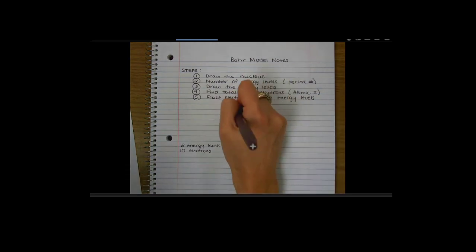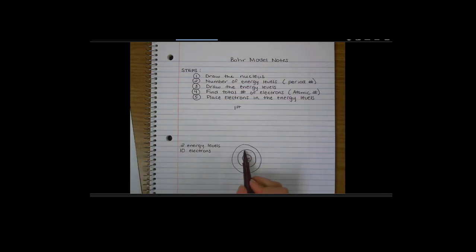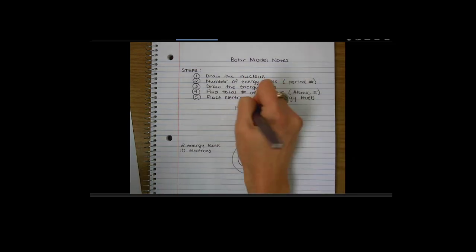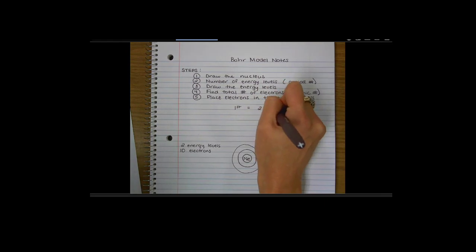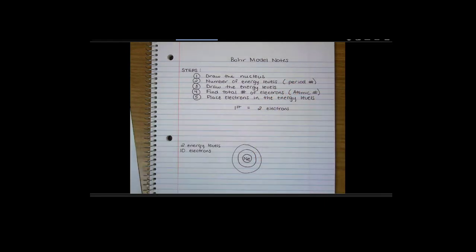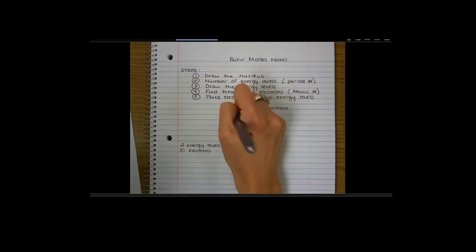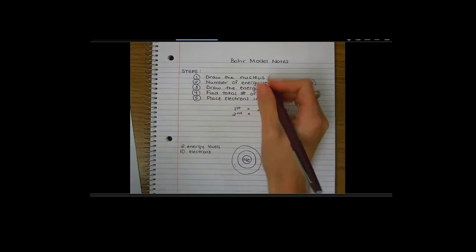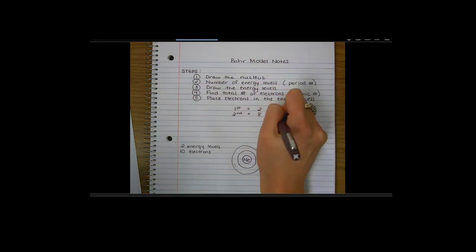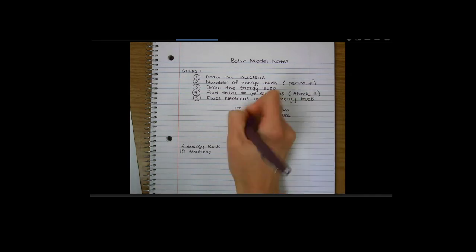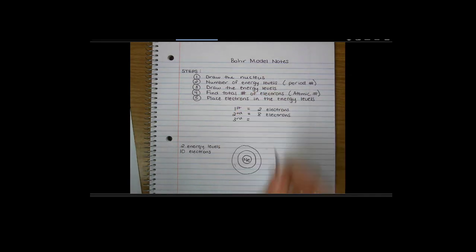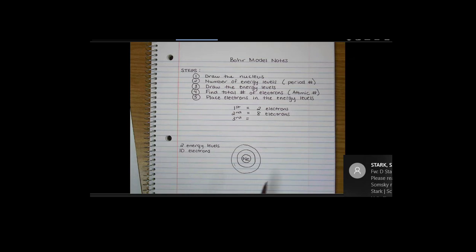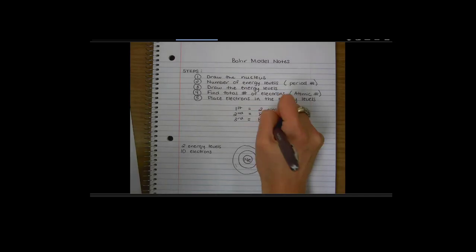So the first energy level, so that's going to be this first ring outside the nucleus, that first ring can only hold 2 electrons. The second energy level, so that's going to be this ring right here, that one can only hold 8 electrons. And then sometimes you might have a third energy level. If we had a third energy level, that would hold also 8 electrons.